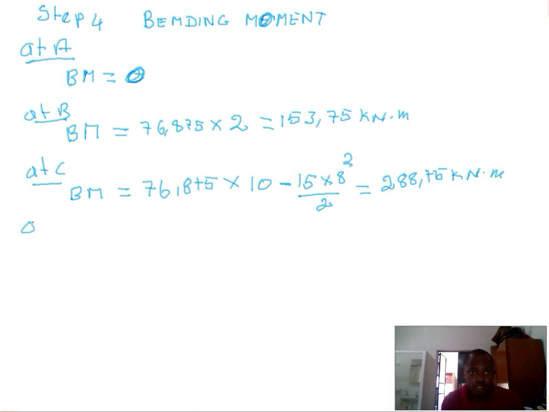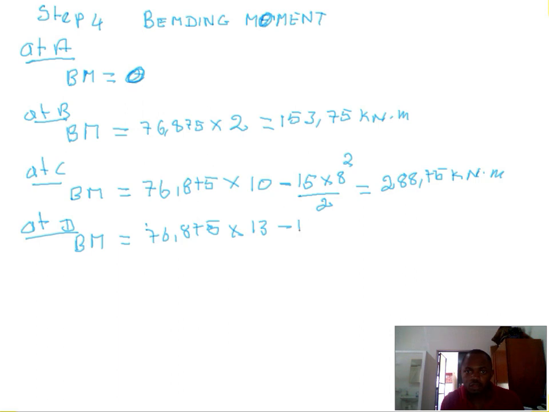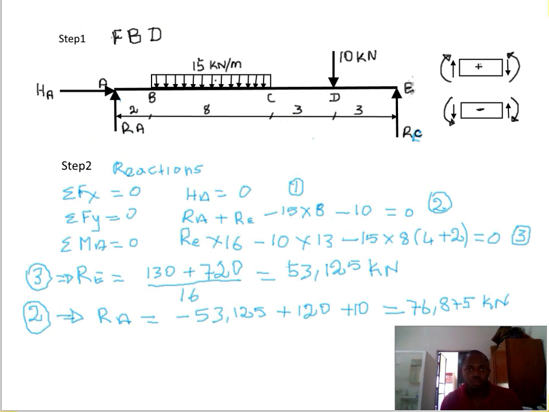Now the moment at D. The moment at D will be equal to 76.875 times 13 minus 15 times 8 times 4 plus 3. 4 is half of the length of the UDL, and 3 is the distance between, remember, so we are taking the moment of the distributed load about point D, from here to here.